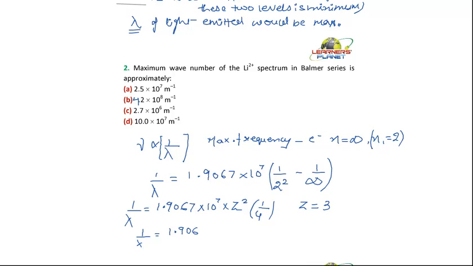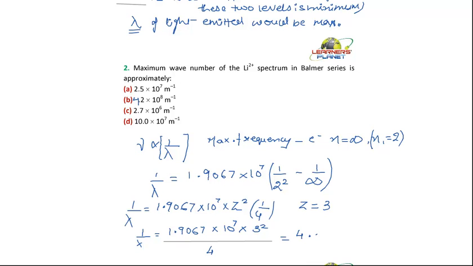So what can I get here? I'll get here 1 by lambda is equal to 1.0967 multiplied by 10 to the power 7 multiplied by 3 square, and it is, students, divided by 4. Right?